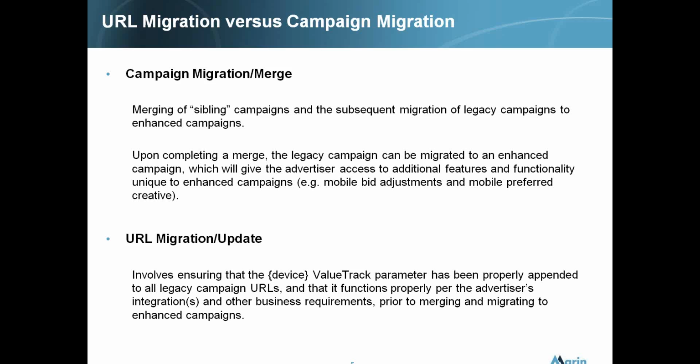So you might hear these terms a lot. A campaign migration or a merge is when you take, say, your desktop targeted campaign and your mobile targeted campaign, and you merge them together into one enhanced campaign.